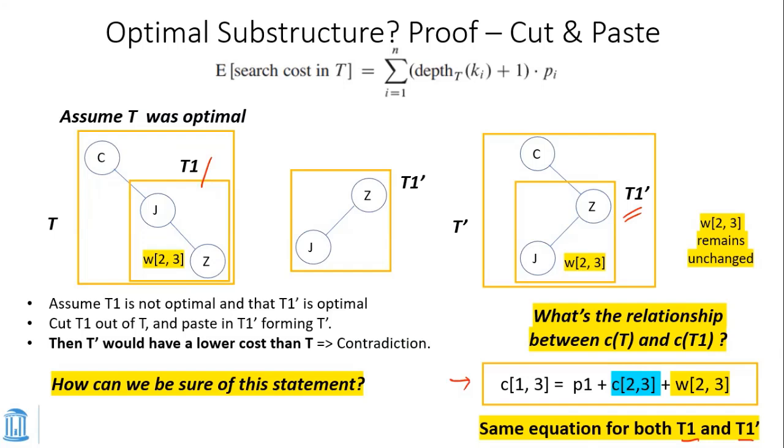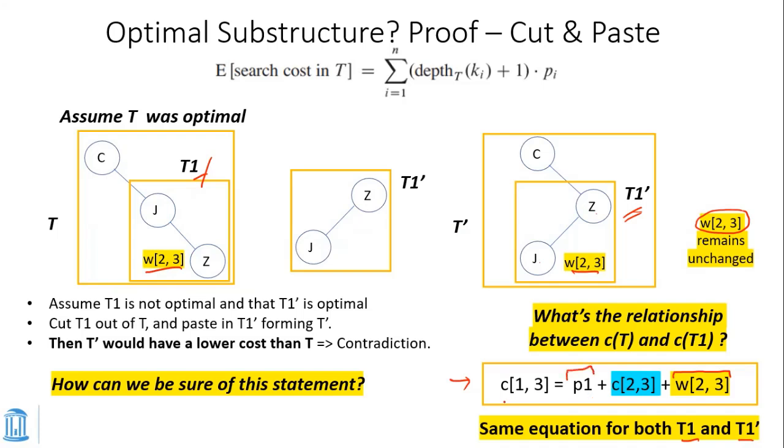Now, what's interesting is that regardless of whether you have T1 or T1 prime, the weight of W23 remains the same. Because we're simply saying what is the probability that either J or Z took place, and that is independent of which order you put J and Z, whether it's ZJ or JZ. So the weight of W23 remains the same. So this portion remains the same. This portion remains the same.